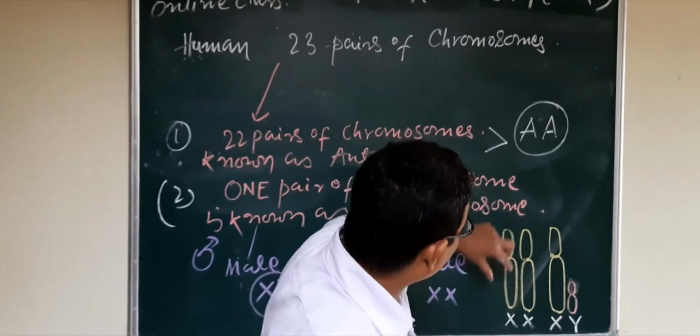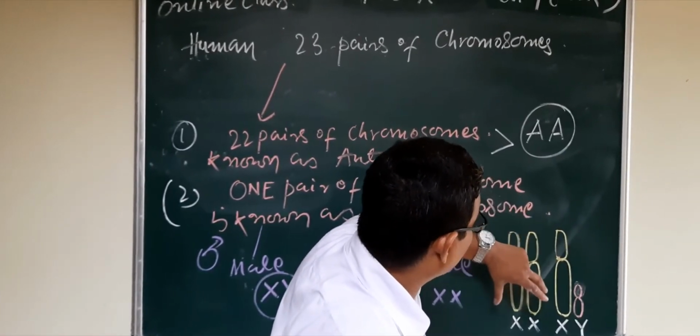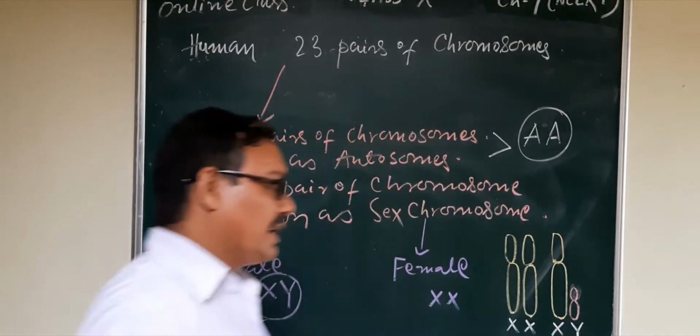These are similar alleles, that means homozygous, and this is dissimilar, known as heterozygous.